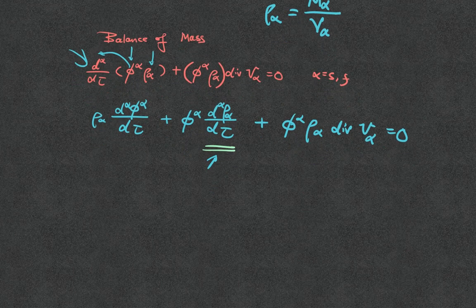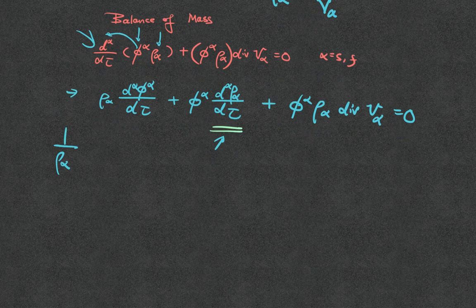Okay, so what I actually want to do here is to first further simplify the equation a little bit. I will take the whole term and multiply by 1 divided by the intrinsic density itself.